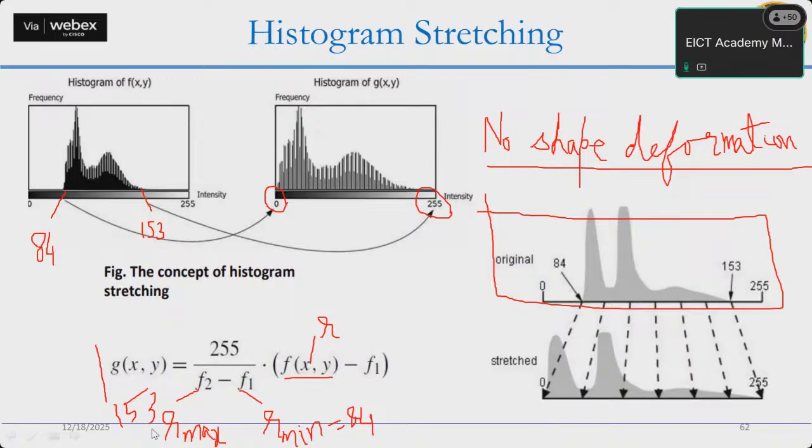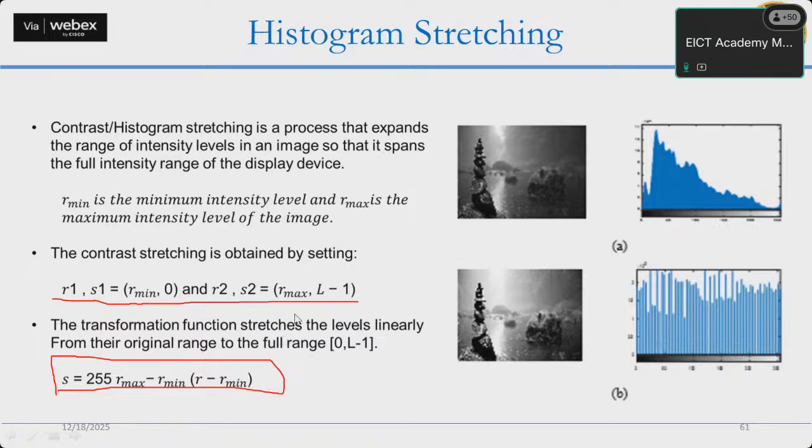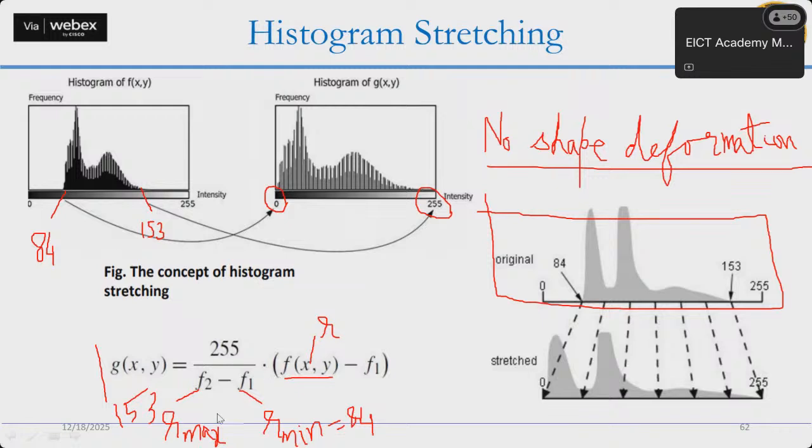Now we go back to F2 and f(x,y). F2 is the R max value. R is basically the pixel intensity values of the given image.